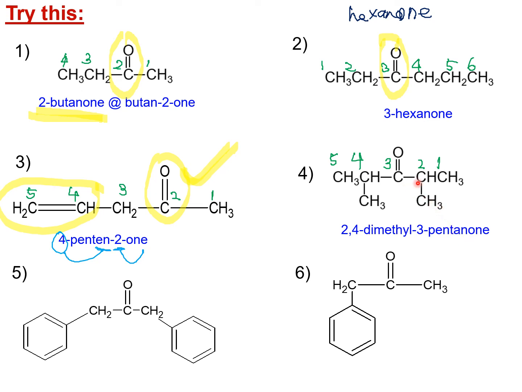Okay, cumanya dekat carbon number 2 and carbon number 4 kita ada 2 substituent yang sama, which is methyl. So, bila ada 2 substituent yang sama, dia akan jadi dimethyl. Cuma kita kena bagi tahu kedudukan dimethyl tersebut, which kita tahu ada berada pada carbon number 2 and carbon number 4.